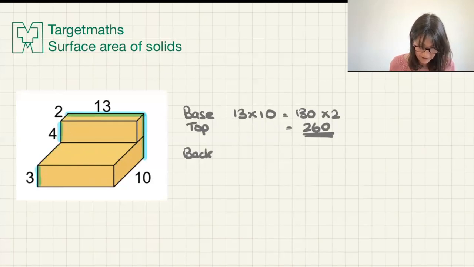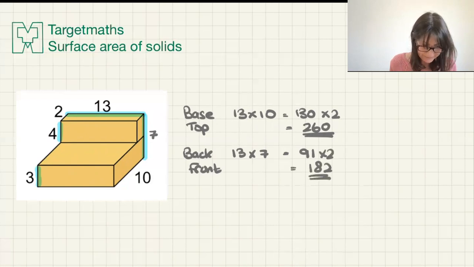They're both vertical lines matching this vertical. I've got 4 and 3. 4 and 3 is 7. Which means that back wall is 13 times 7, which is 91. I want the front as well, so I'll times that by 2, and I will get a total of 182.